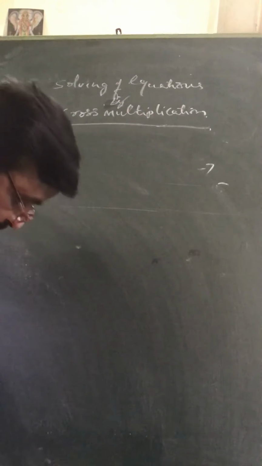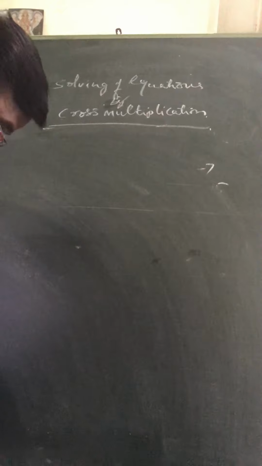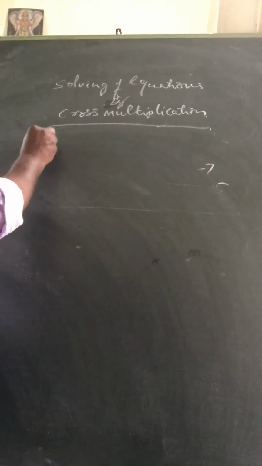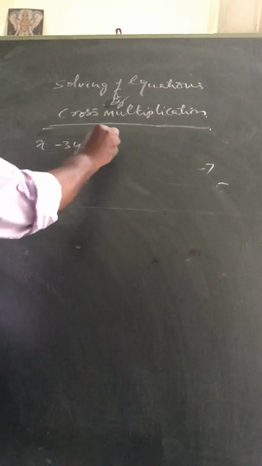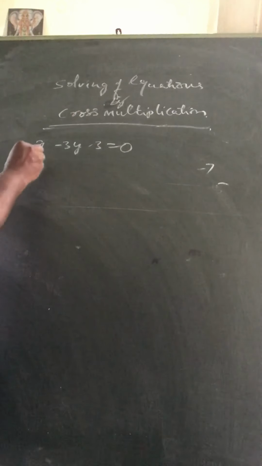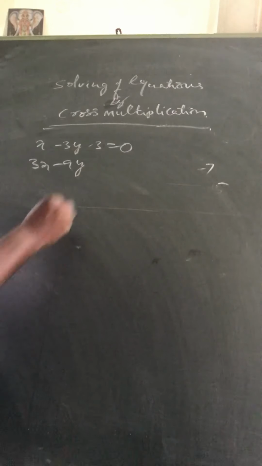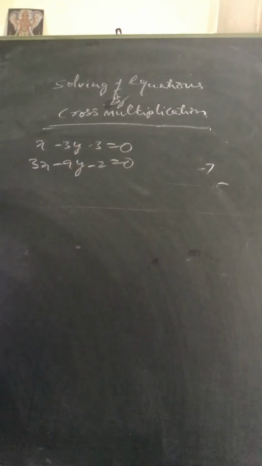For example, here one problem we can take. x minus 3y minus 3 is equal to 0 and 3x minus 9y minus 2 is equal to 0.